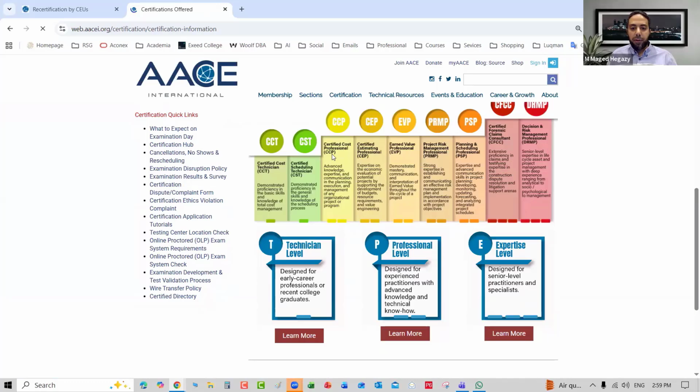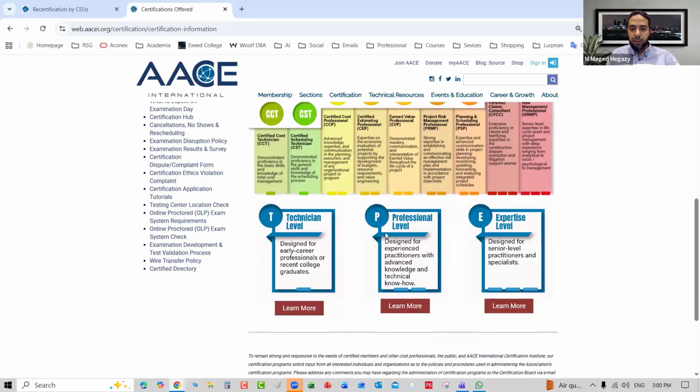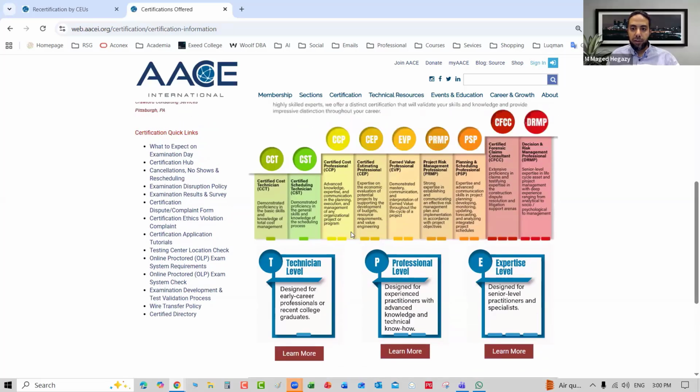It's the most common professional certificate from AACE, so it comes in the professional level. They have also estimating professional, earned value professional, risk management, planning and scheduling, PSP.